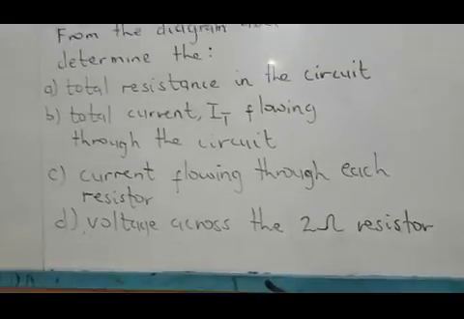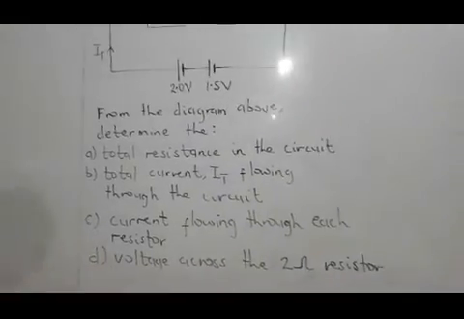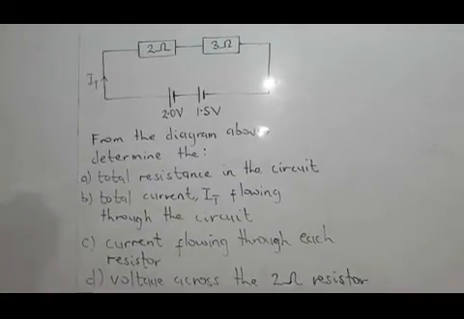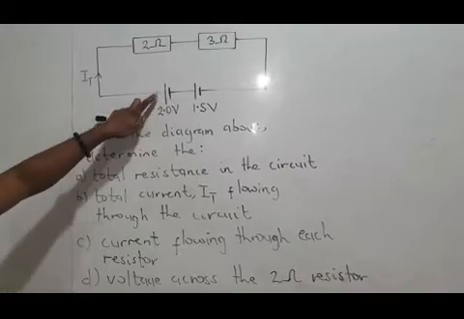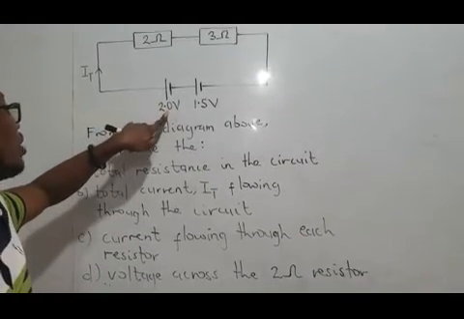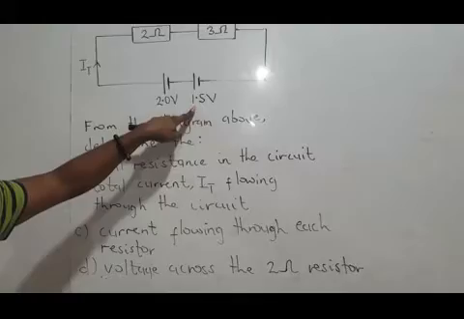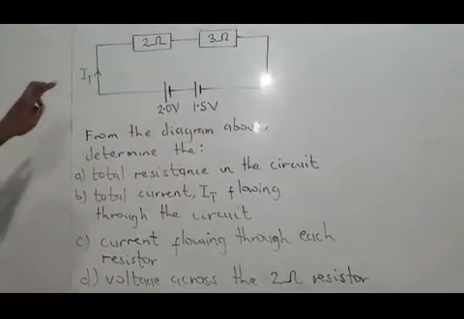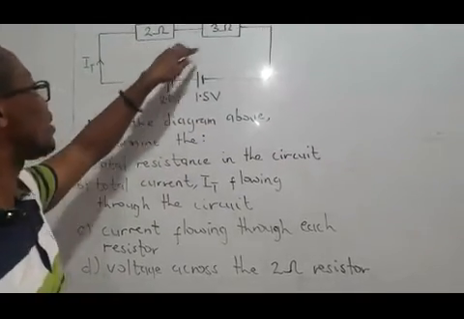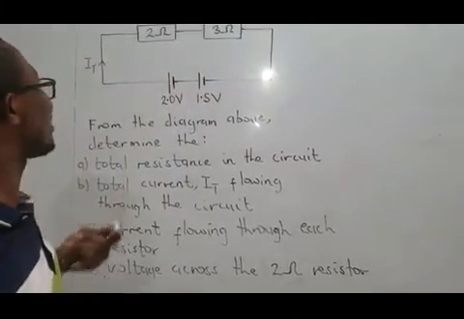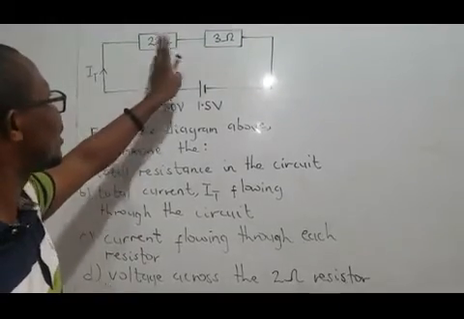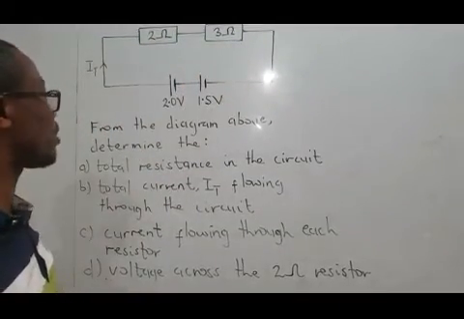Okay, so we have a circuit diagram consisting of two cells, one of voltage 2.0 volts and the other with a voltage of 1.5 volts. It also contains two resistors with resistances 2 ohms and 3 ohms.